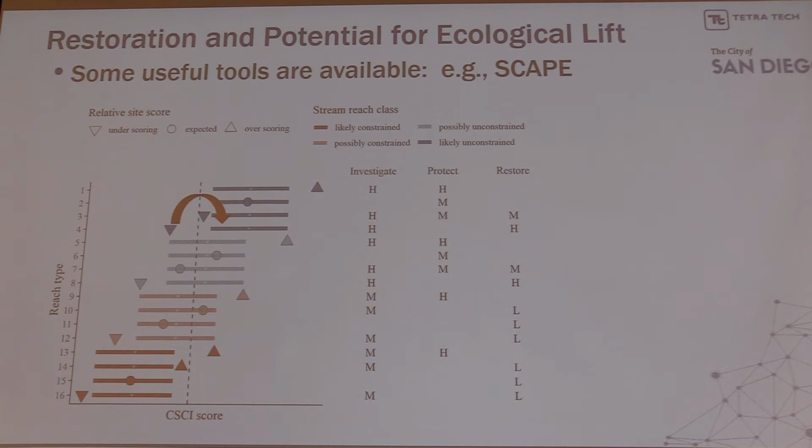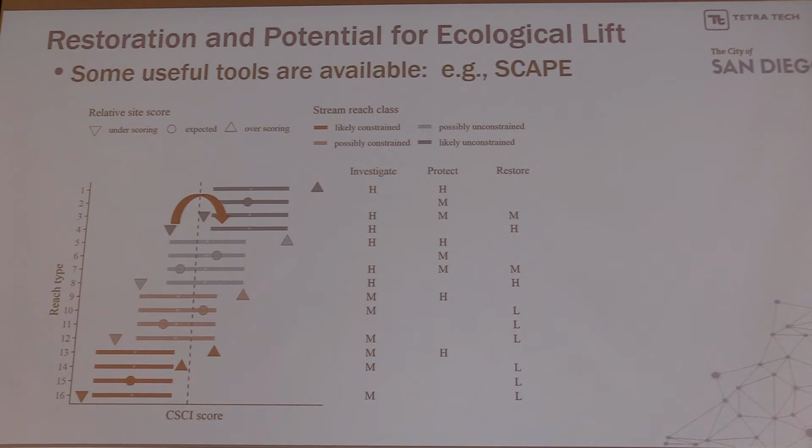So what do we have to do that? We are planning to incorporate at least two separate tools to get at the ecological lift question. One is SCAPE, which you may have heard about, the Stream Classification and Priority Explorer. This relies on a landscape model.